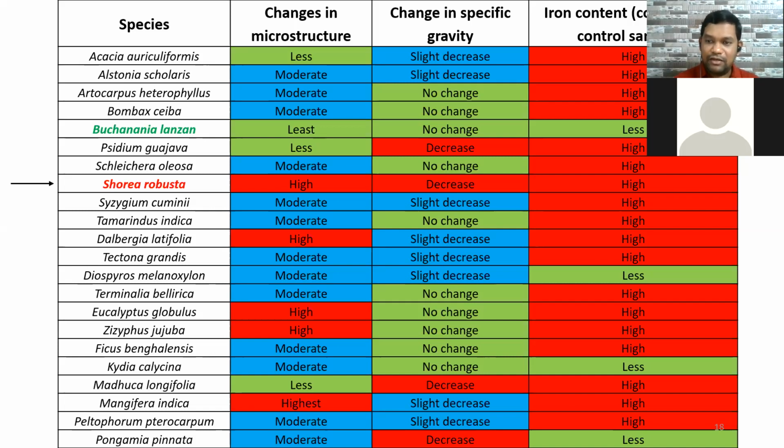So this species is very common out there, and it has been able to adapt itself to those conditions by modifying its quantitative elements to a certain extent, but still surviving in large numbers. Similarly, on the other side, Buchanania lanzan shows the least amount of changes across all three parameters.